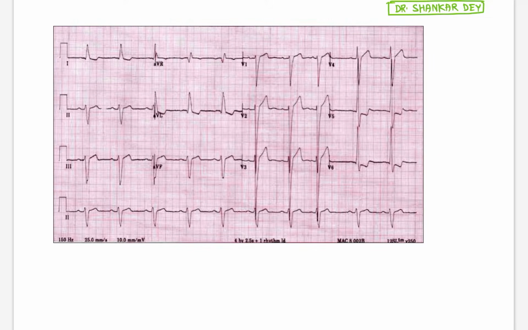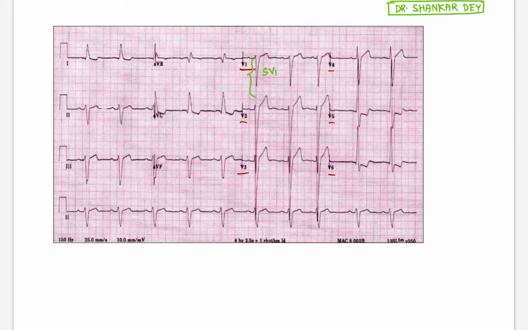This is our second ECG. As you can see in this ECG very carefully, this is V1, V2, V3, V5, V6. So in this ECG, as you can see, this wave is much larger. So this V1 is very large, the S wave in V1 is very large.